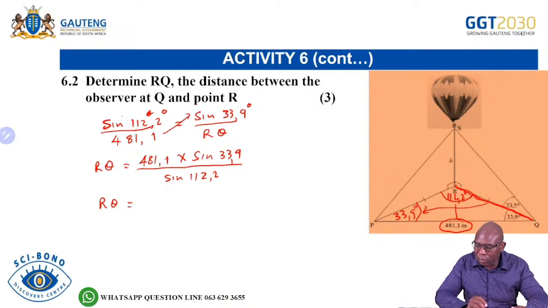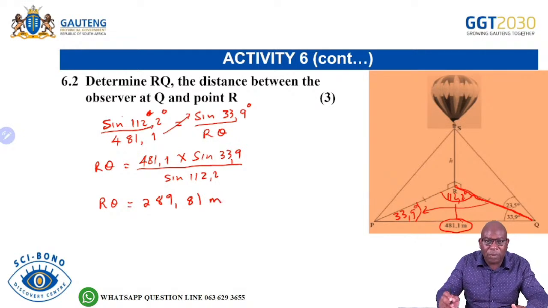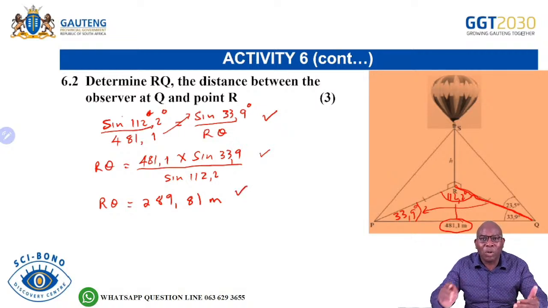In this case, the value of RQ, if I calculated it correctly, it's 289.81. You must remember to write down the units because that's in meters. So that's the 3 marks for writing the sine rule correctly, making RQ the subject of the formula, getting to the final answer. That's why you use your sine rule, because that triangle there is not a right angle triangle.